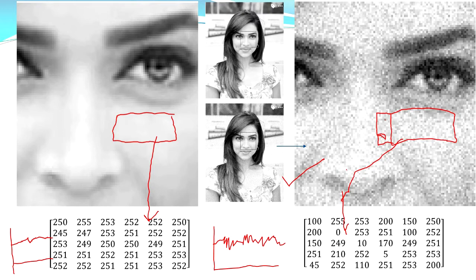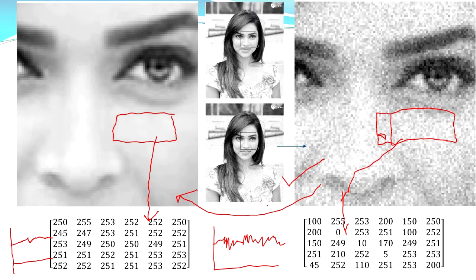Here you can see that this is a noisy image because it has a lot of high frequencies. If we have a filter that can remove these high frequencies and give a low pass output, then that could restore this image to this image. That is what we have to see.